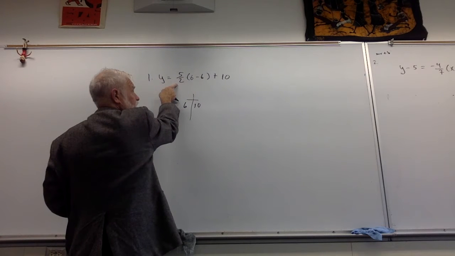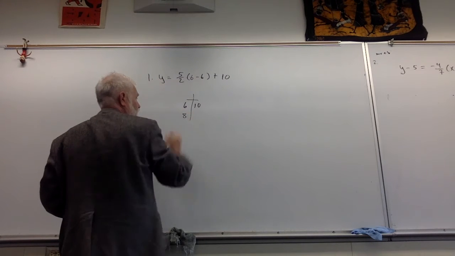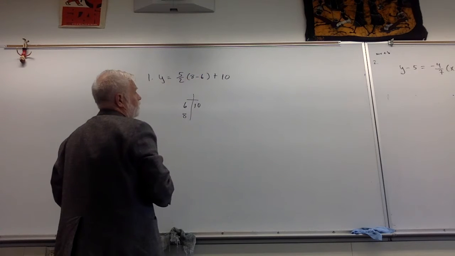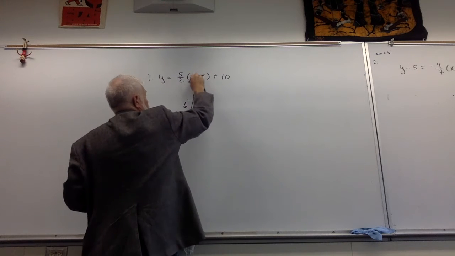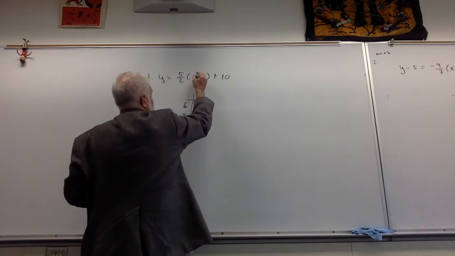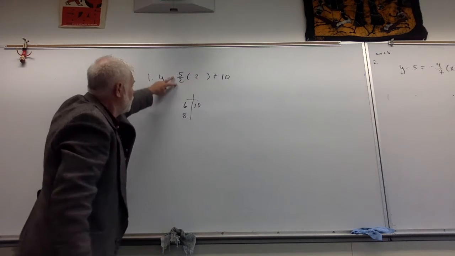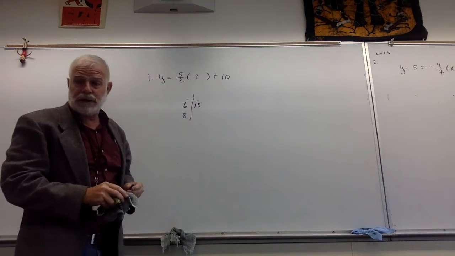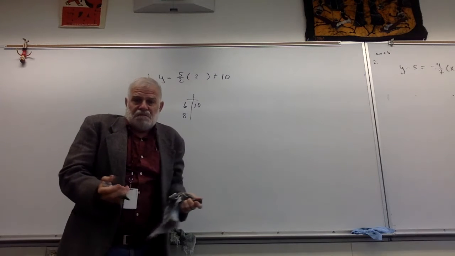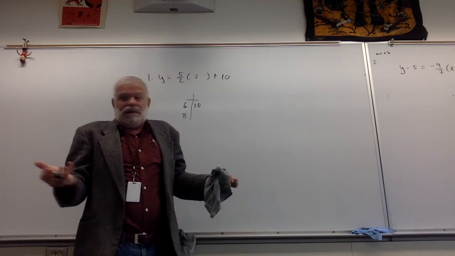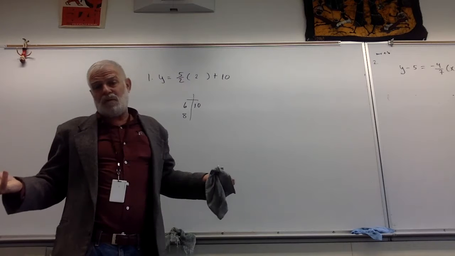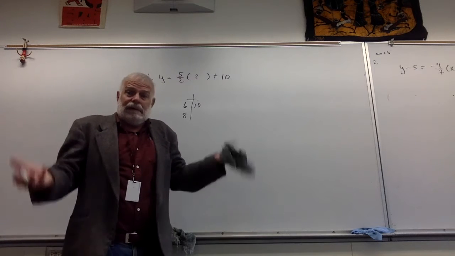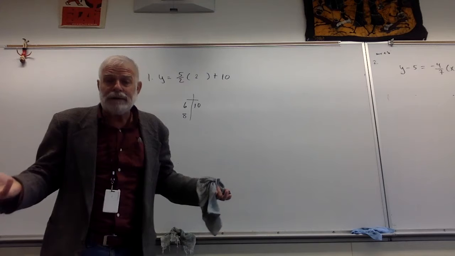It says change your x's by 2. So let's put an 8 in. 8 minus 6 is 2. Now, multiplication and division are inverse operations. They're the same, I mean, you can do it in any order you want.